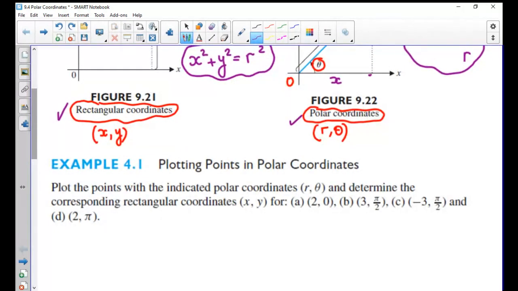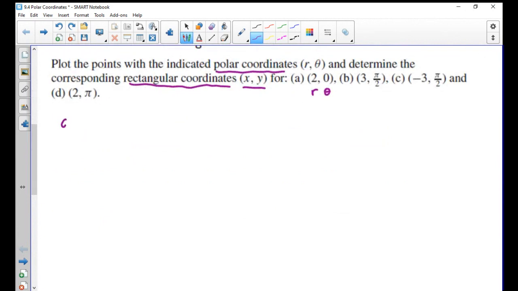Example number 1: plot the points with the indicated polar coordinates r, theta and determine the corresponding rectangular coordinates x and y. So let's see what this point is. Plot it.